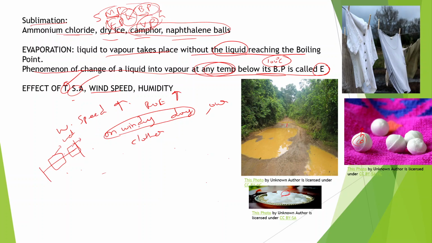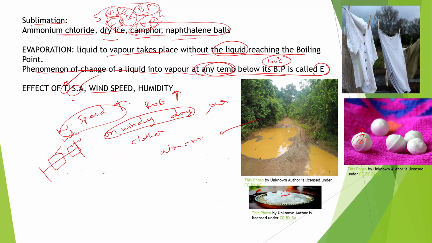But theoretically, how can we prove that when wind speed increases, the rate of evaporation increases? Suppose this is the rainy season, and the wind is coming. On a windy day, the surrounding particles, air, is a matter.